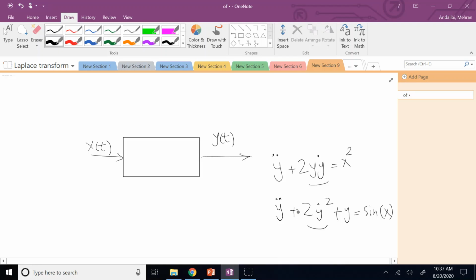Now, what about this? If I have something like this, is this linear or nonlinear? Well, here x is a function of time, right? X is a function of time. So this is a function of time times the unknown output.